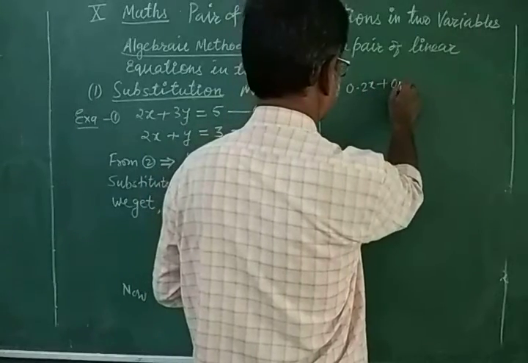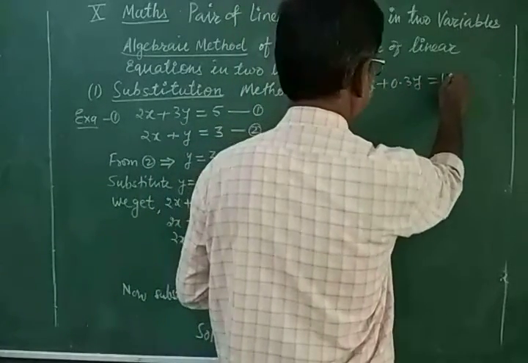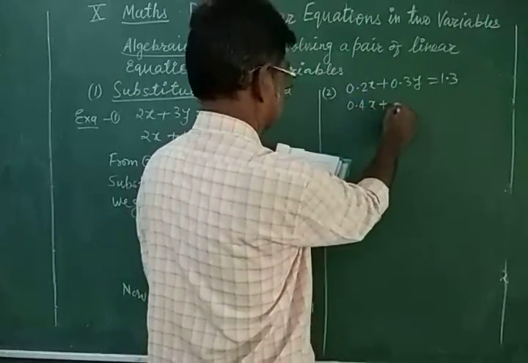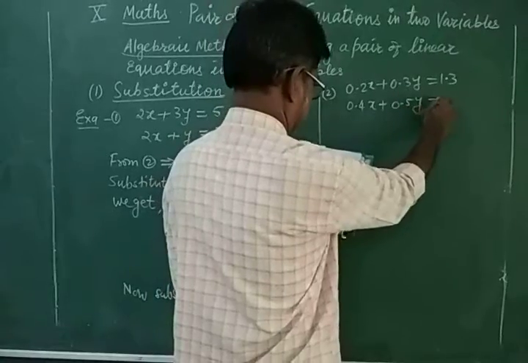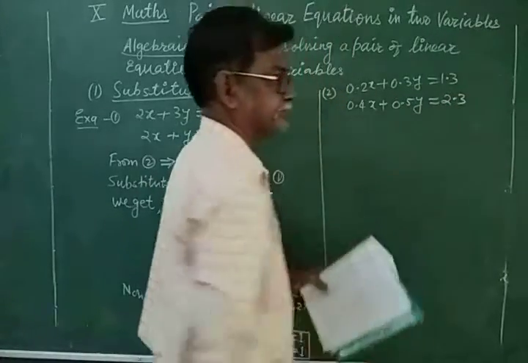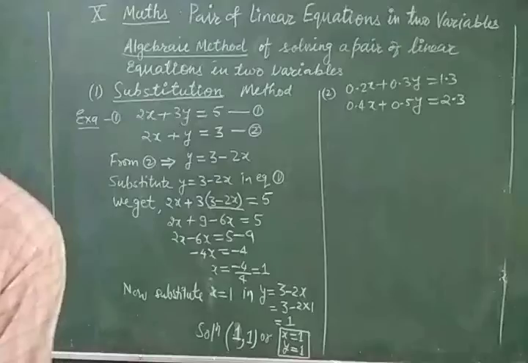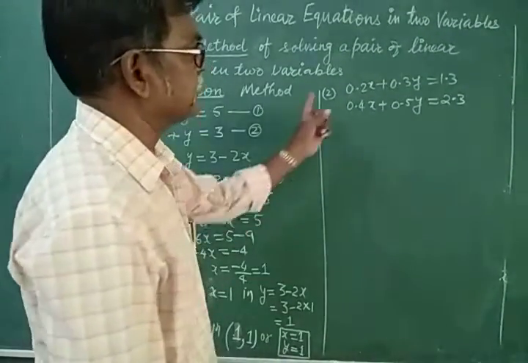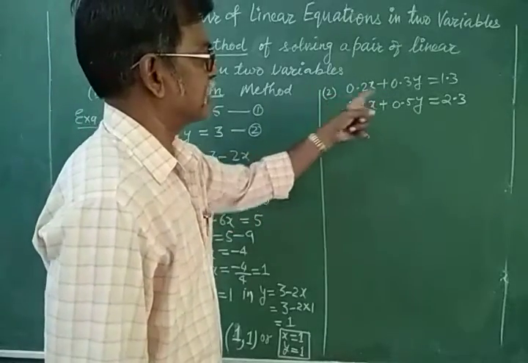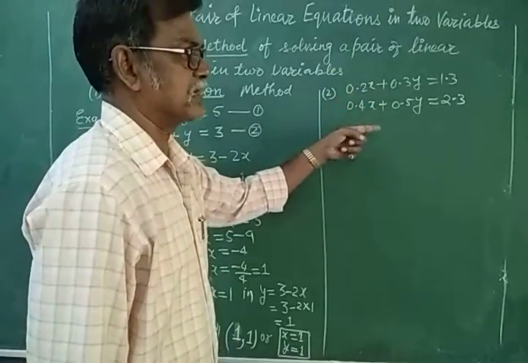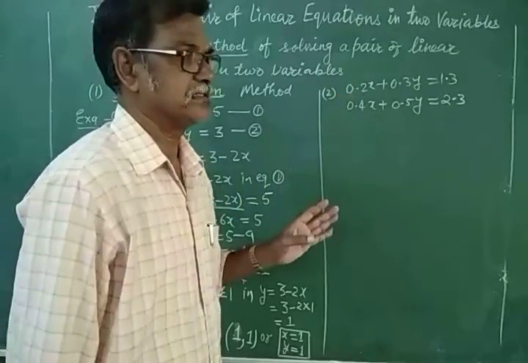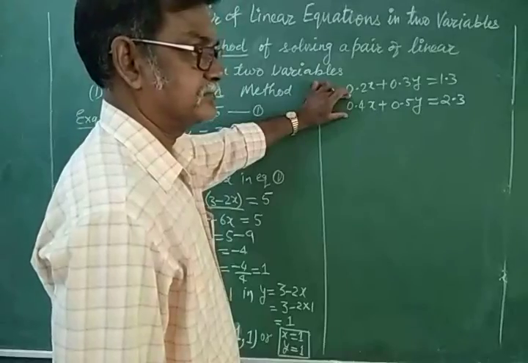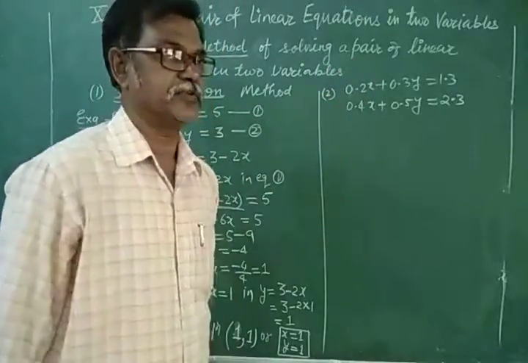0.2x plus 0.3y is equal to 1.3 and 0.4x plus 0.5y is equal to 2.2. Here the coefficients have decimals. You observe that all these decimal numbers have one place after the decimal. So if you multiply this by 10 and this by 10, you will get easy equations.